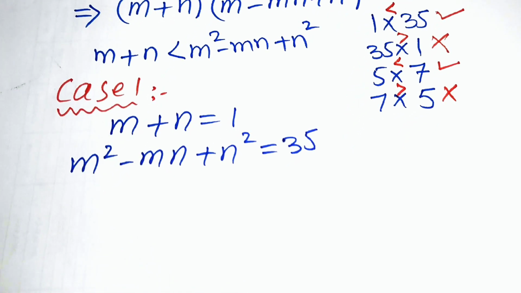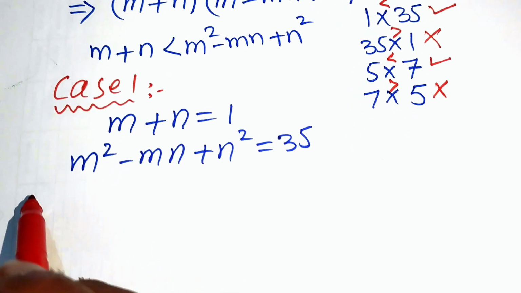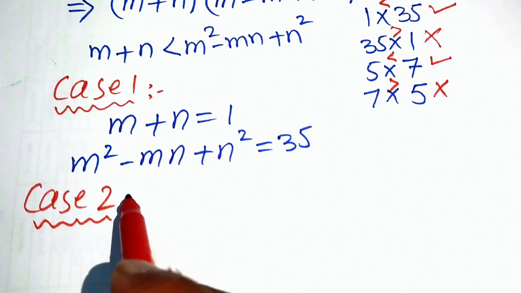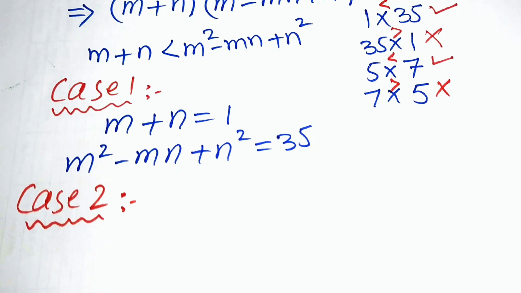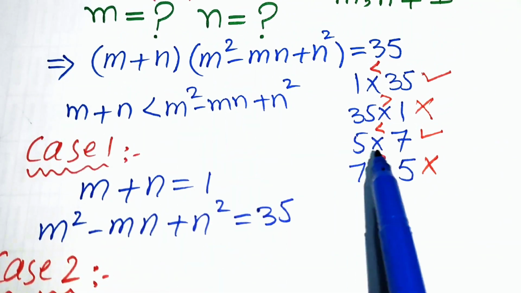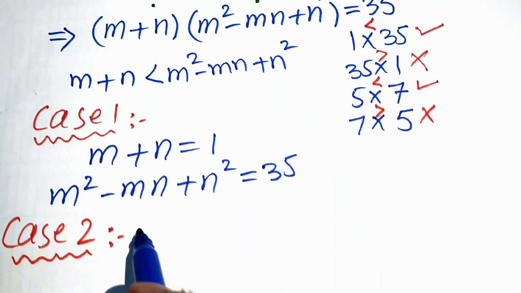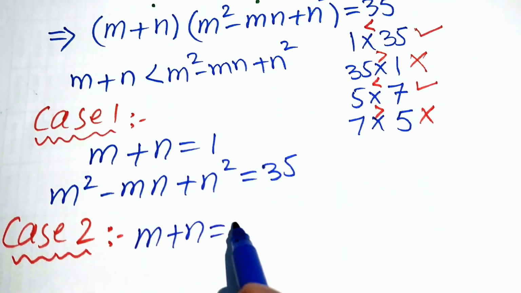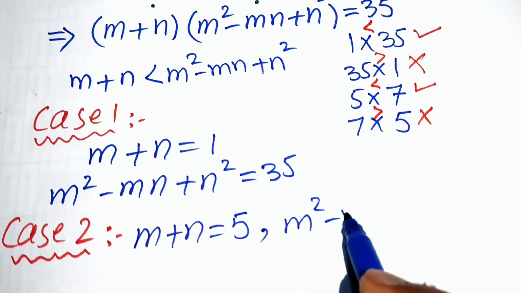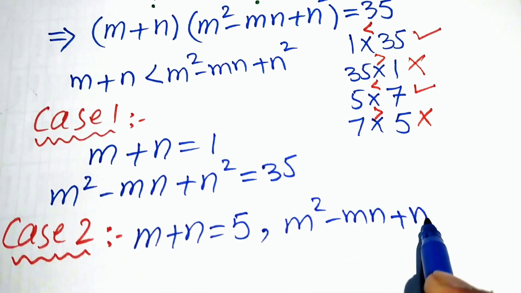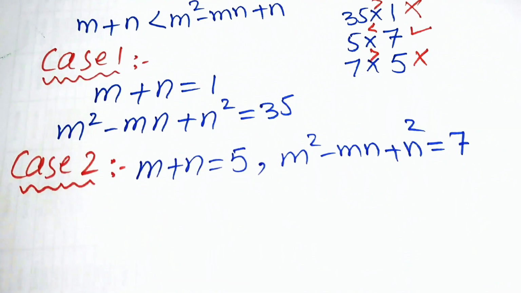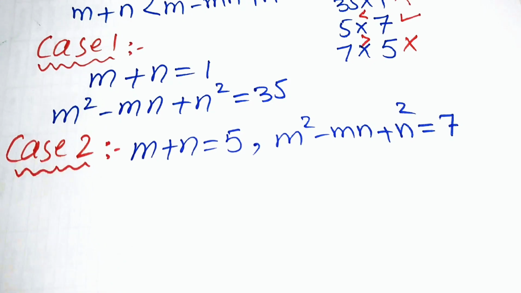Our case number 2 is where we compare the left hand side with the pair 5 times 7, so you get m plus n equals 5, and m squared minus mn plus n squared equals 7. So we have these two cases, and now we solve them one by one.